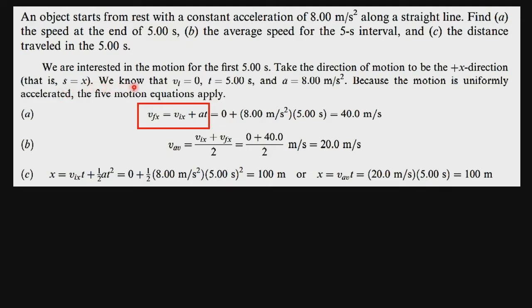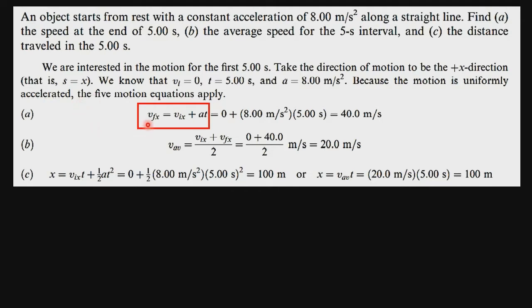Now we know that the initial velocity, because it is from rest, is 0, but from rest until 5 seconds later, it will already generate an acceleration of 8 meters per second squared. Because the motion is uniformly accelerated, there is a specific formula for this.